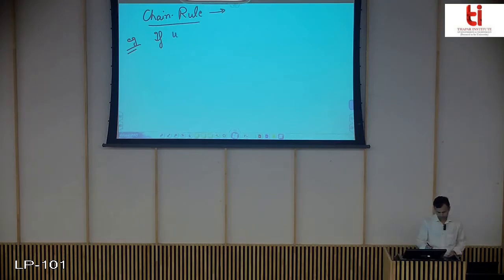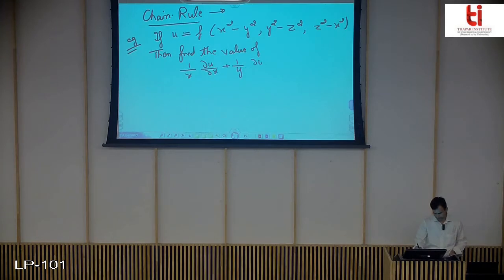If u is equal to f(x² − y², y² − z², z² − x²), then find the value of (1/x) ∂u/∂x + (1/y) ∂u/∂y + (1/z) ∂u/∂z.